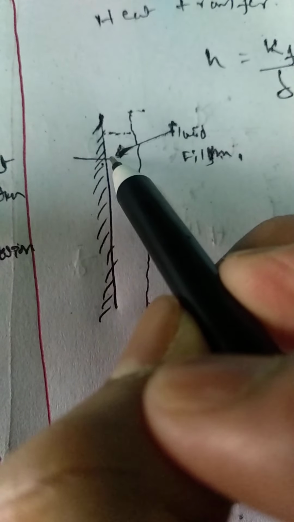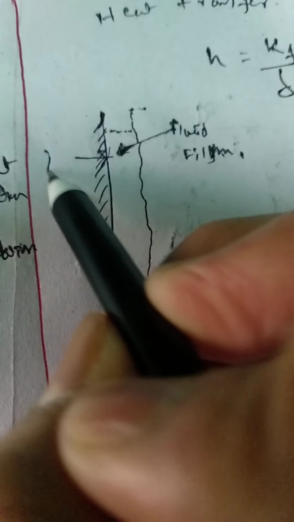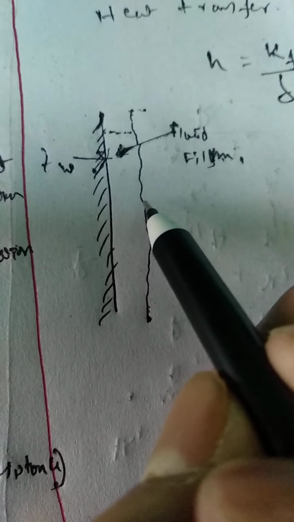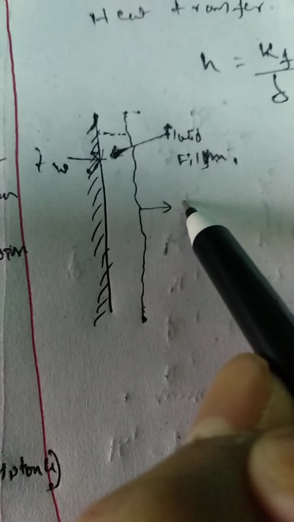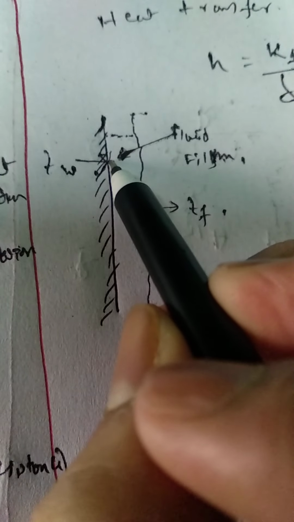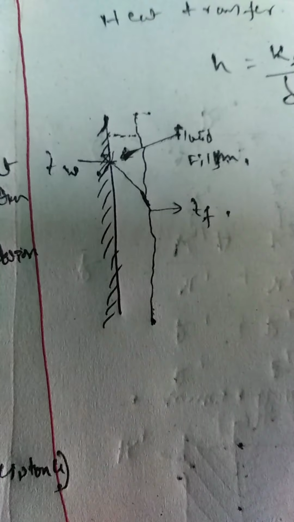This is the temperature of the wall, suppose Tw, and this is the temperature of the fluid film, Tf. Temperature decreases in this manner.